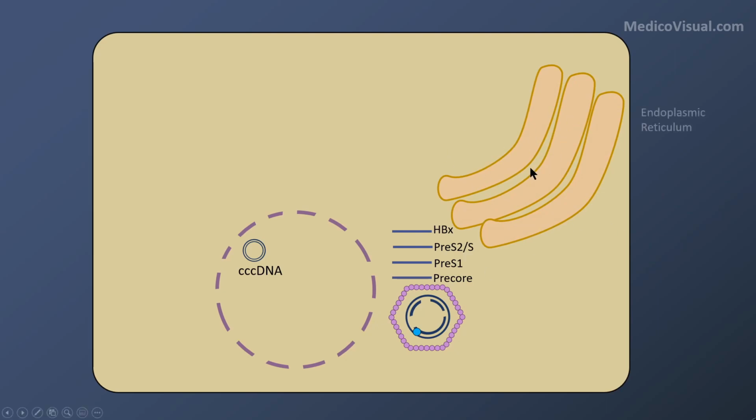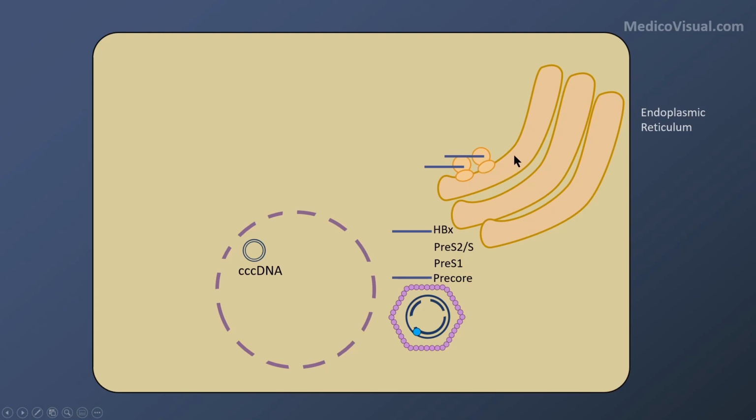What is this? This is the endoplasmic reticulum, right? Endoplasmic reticulum has ribosomes. The mRNA of these surface proteins attach with these ribosomes, and these ribosomes translate these mRNAs, right?